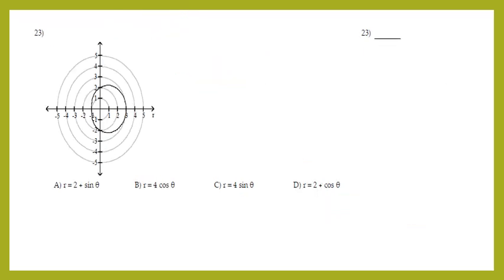In question 23, as we can see, I have a circle. I mean, let's say it's not a perfect circle, and it's not touching the x-axis or the y-axis. Okay, it passes through them. But as we can see clearly, this circle's diameter here is approximately 4.